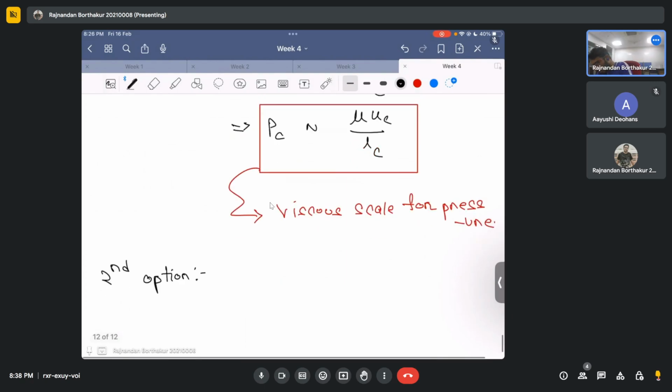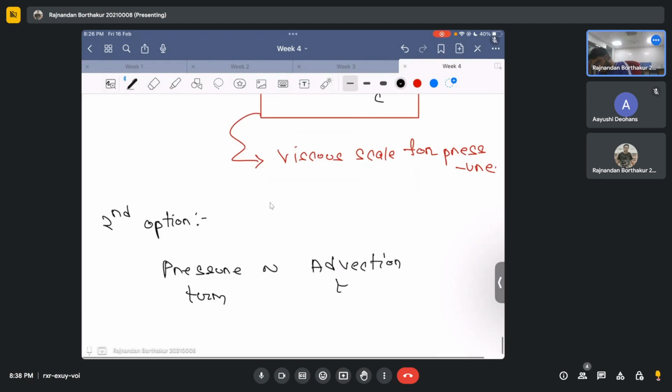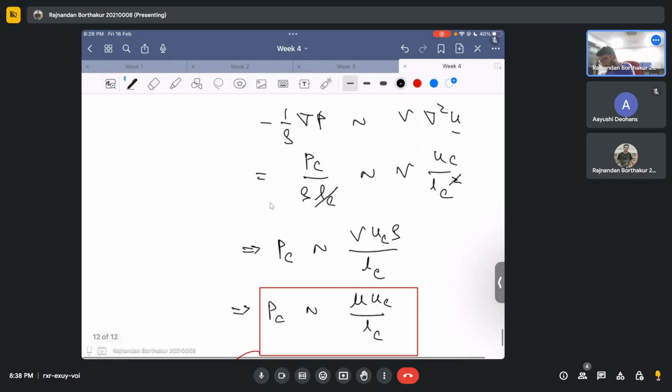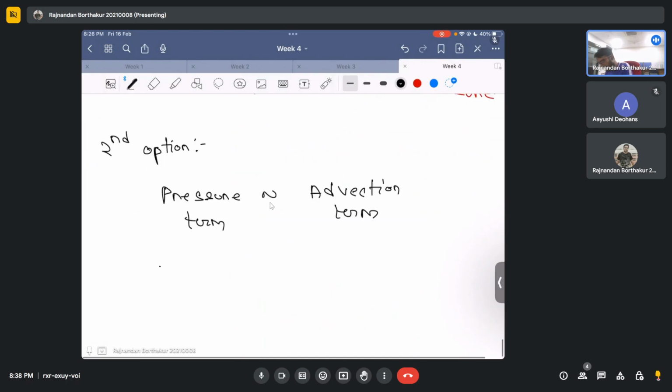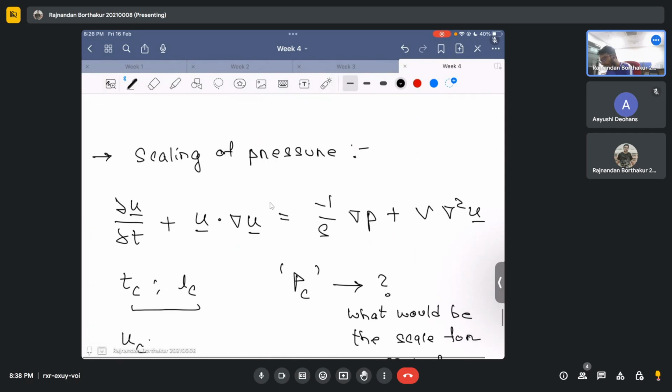That if the pressure term scales as the advection term, this means that minus 1 by rho grad of pressure should scale as either this or this.